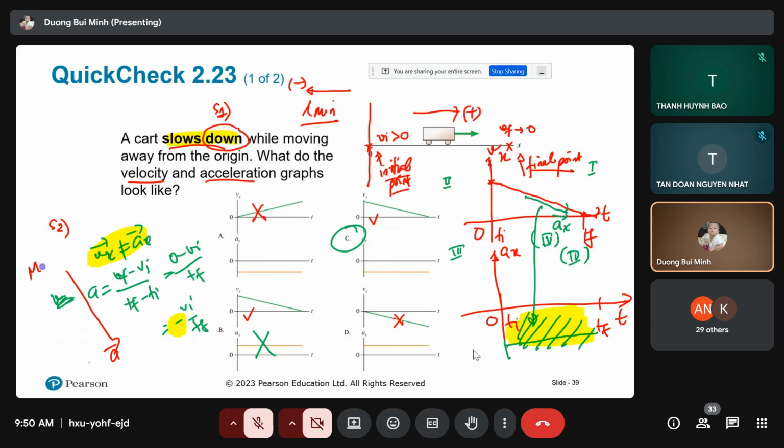This is method one, and this is method 2.